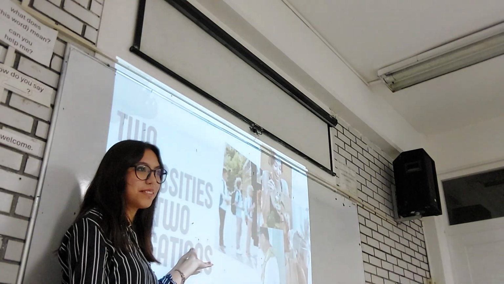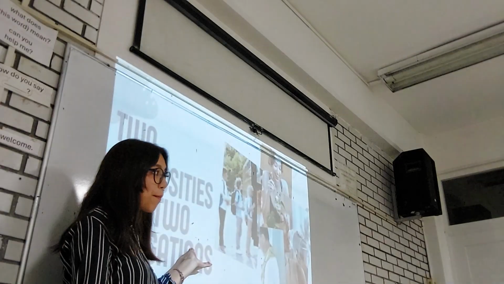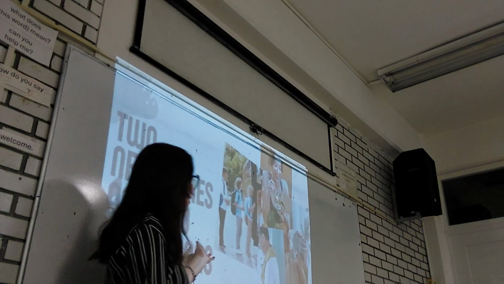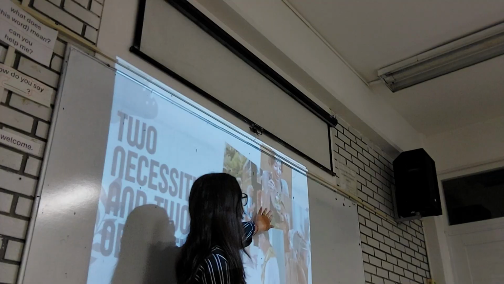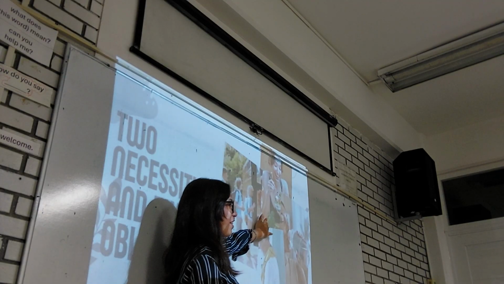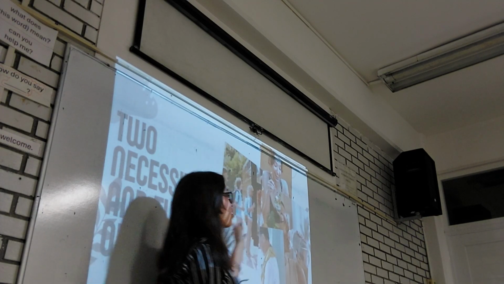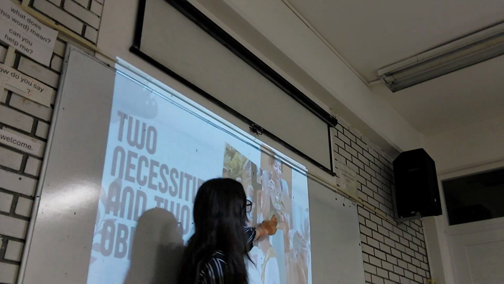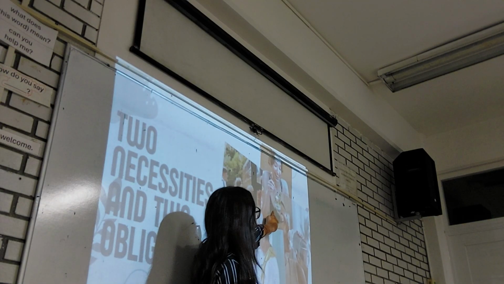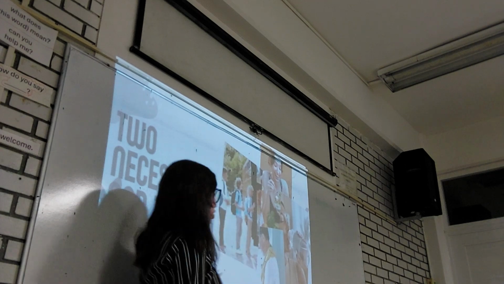Can someone tell me? Yeah, eating is a necessity, obviously. And also you need to eat fruits and vegetables just like the girl in the picture. So there are two necessities there.